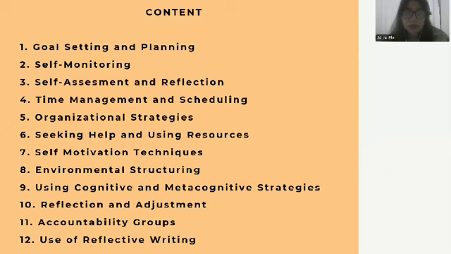I will explain all of these strategies one by one and give examples for them. And I will recommend activities related to these strategies and explain how to use these strategies in our daily lives.